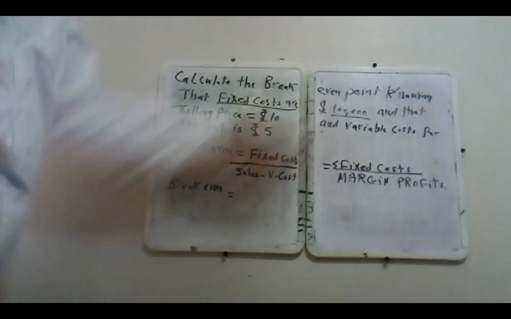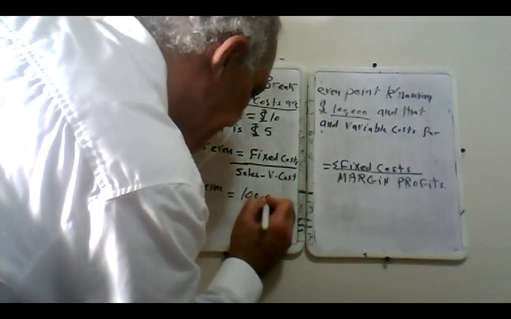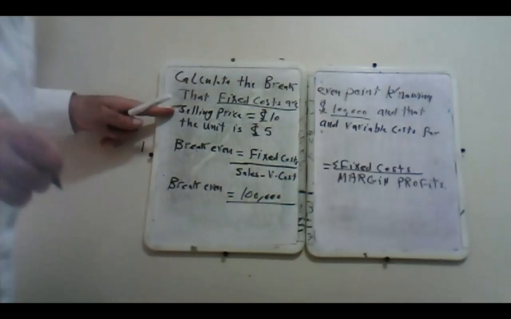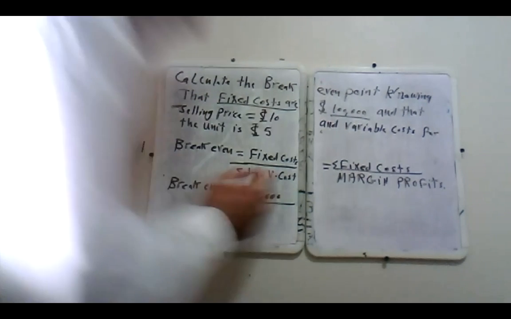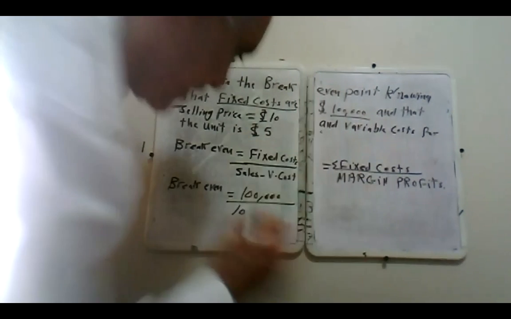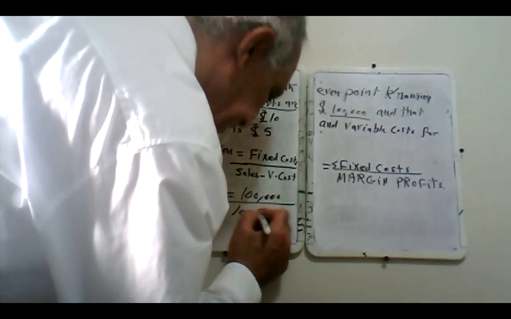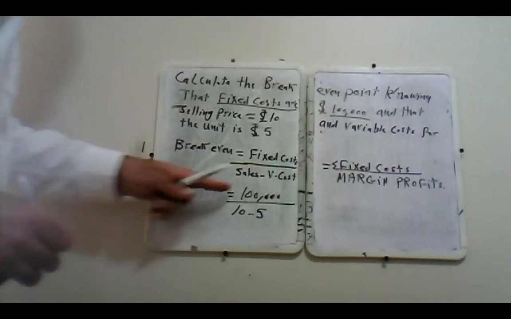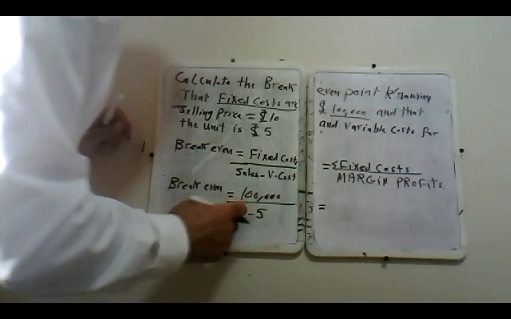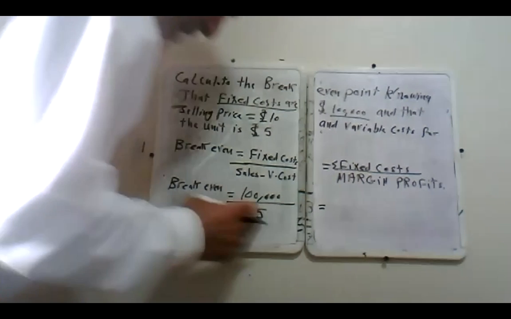So the fixed cost will be 100,000 divided by the selling price of $10 per unit, minus the variable costs of $5. The profit margin will be 10 minus 5, which is $5: the selling price minus the variable costs.